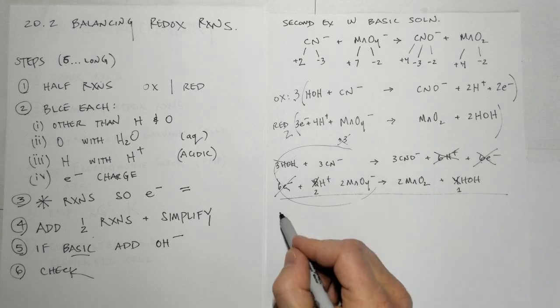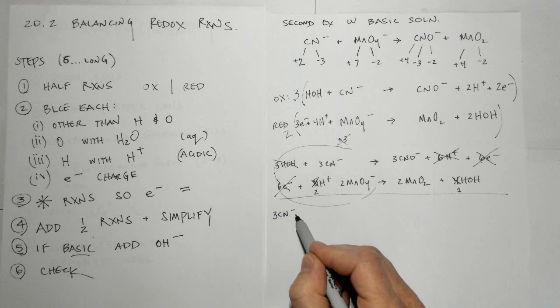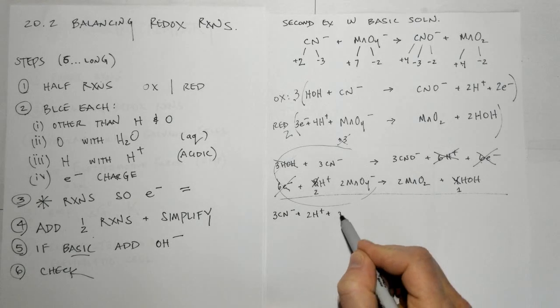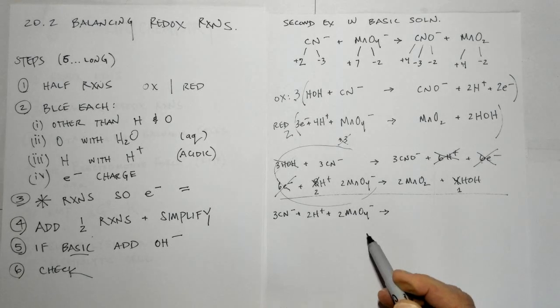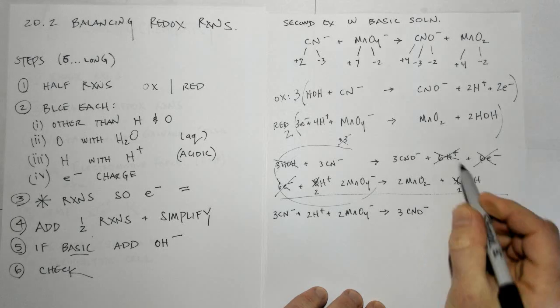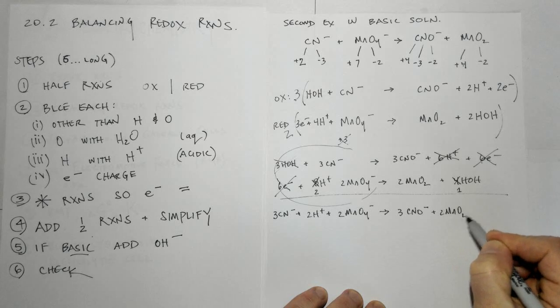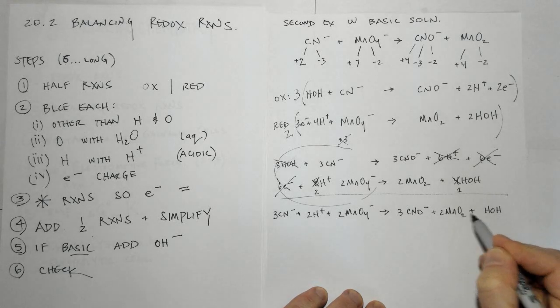So let's be really careful with this and write CN- 3 of them, plus 2 H pluses, plus 2 MnO4 minuses, arrow. And then this is 3 CNO-, and then 2 MnO2s, and then 1 water, so an HOH right here.